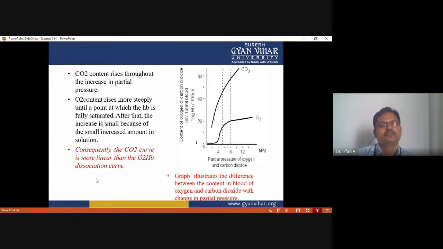(SpO2), and carbon dioxide content rises throughout the increase in partial pressure, and oxygen content rises more steeply until a point at which the hemoglobin is fully saturated. After that the increase is small, because the small increase is the amount in solution, which results in the carbon dioxide curve being more linear than the oxygen hemoglobin dissociation curve.